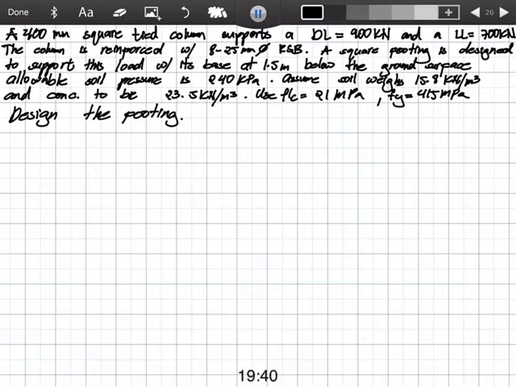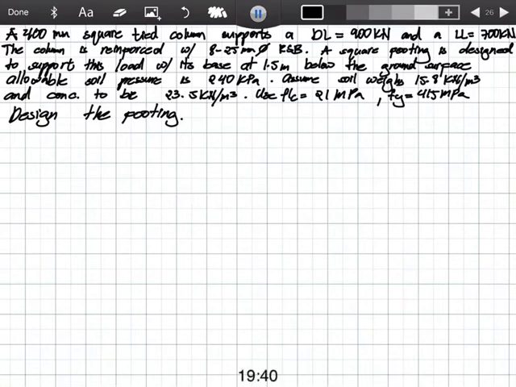Example class, a 400 mm square tied column supports a dead load of 900 kN and a live load of 700 kN. The column is reinforced with 8 25 mm diameter RSB. A square footing is designed to support this load with its base at 1.5 meter below the ground surface. The allowable soil pressure is 240 kilopascal.